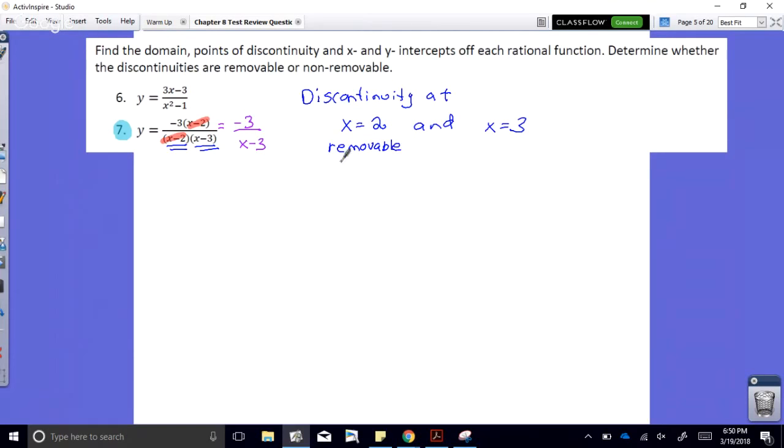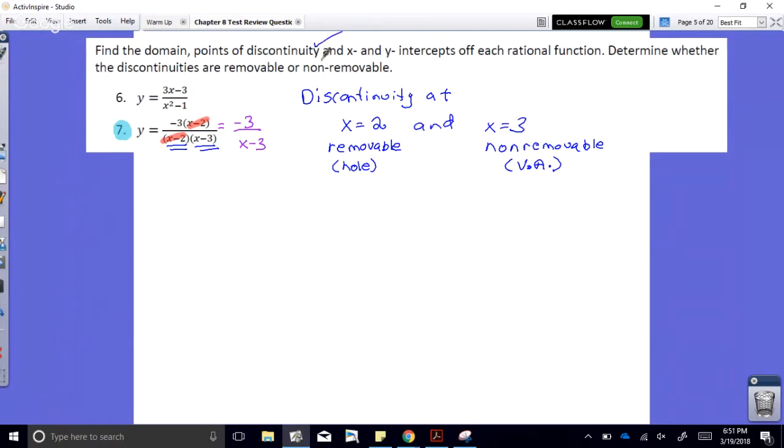And if you were to graph this, there would be a hole there. The x equals 3, since it does not cancel, is called non-removable. And since it does not cancel, we have a vertical asymptote there.